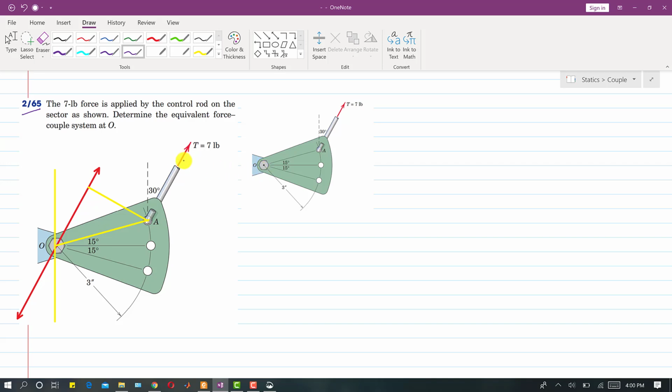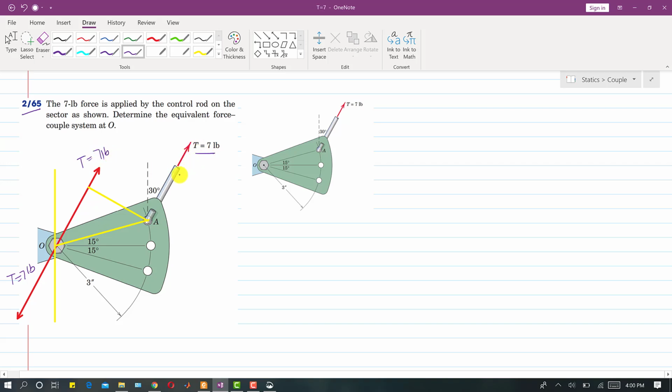So then what we will do is draw two forces in opposite direction. As I have drawn here, these two red lines are the replacement forces. Let's suppose this is 7 pounds, and this is in the opposite direction, so this is also T equal to 7 pounds, right?